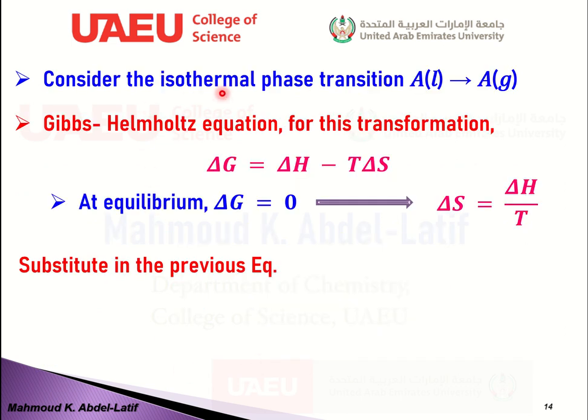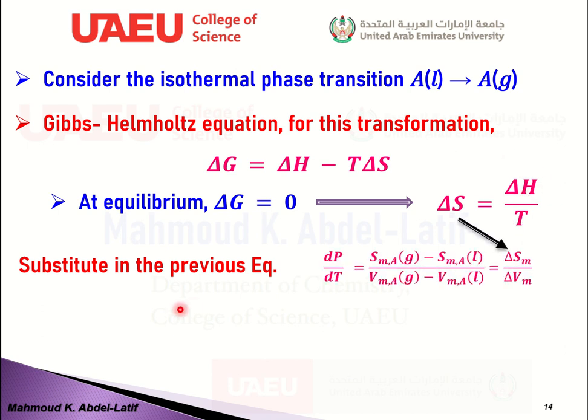Consider the isothermal phase transition of A from liquid to the gaseous state. The Gibbs-Helmholtz equation for this transition is delta G equals delta H minus T delta S. At equilibrium, delta G equals 0, so the change of the Gibbs free energy will be 0. So you can get delta S from this equation: it will be the enthalpy change of vaporization divided by temperature.